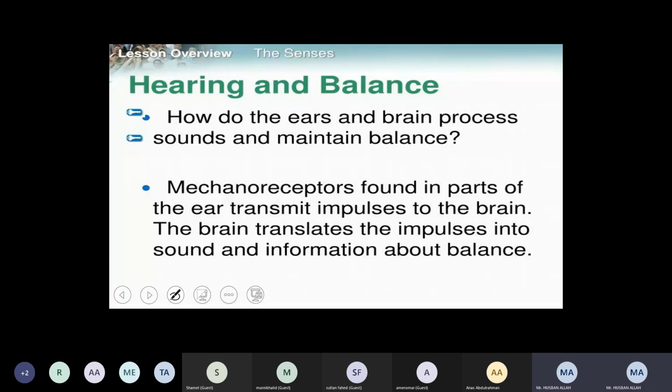Mechanoreceptors are responsible for hearing sound waves. They are present in the ear, and they transmit messages or impulses to the brain. The brain translates the impulses into sound and information about the balance.